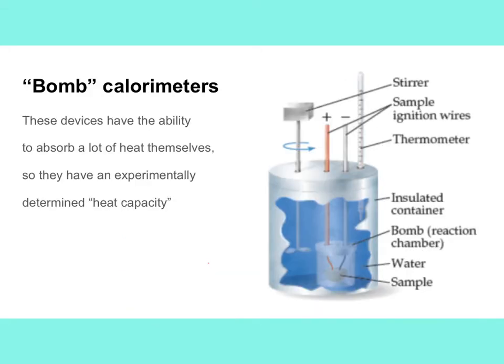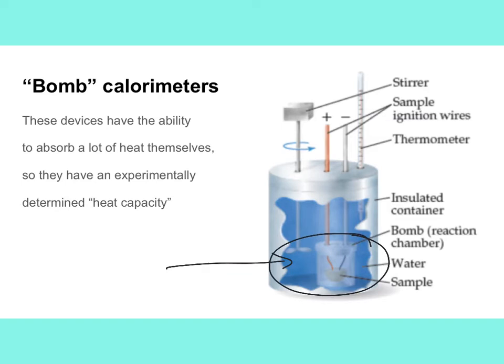Okay, let's do 2 more slides for this part of the presentation. This is a diagram of what is called a bomb calorimeter. Really isn't a bomb, so it's not quite as dramatic as the name sounds. What happens is in the little compartment that you see here, a sample of something is attached to some ignition wires and basically exploded, burned very quickly.